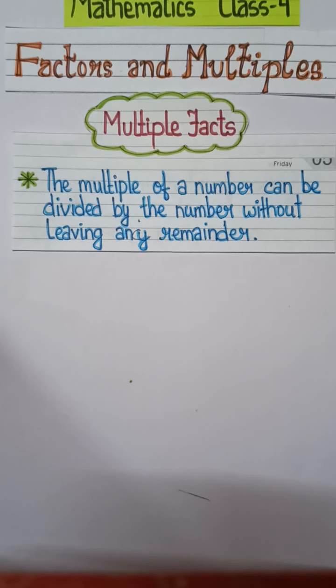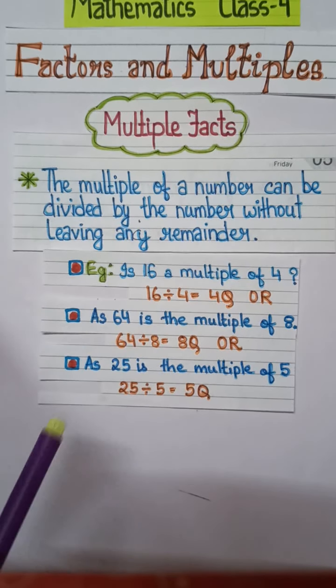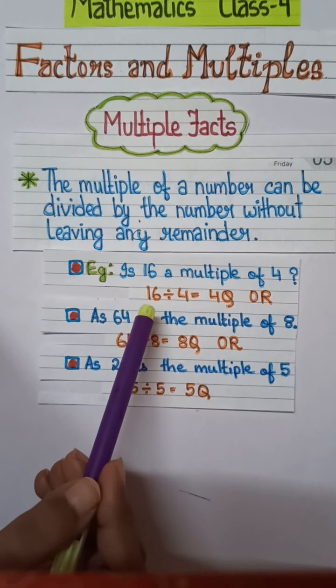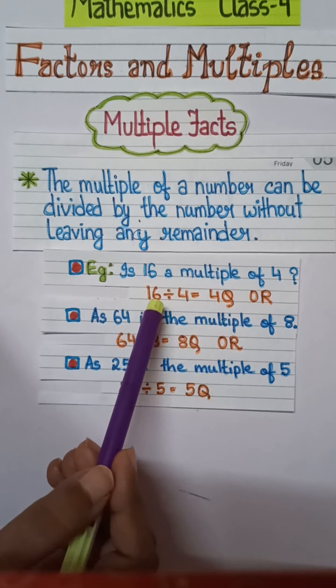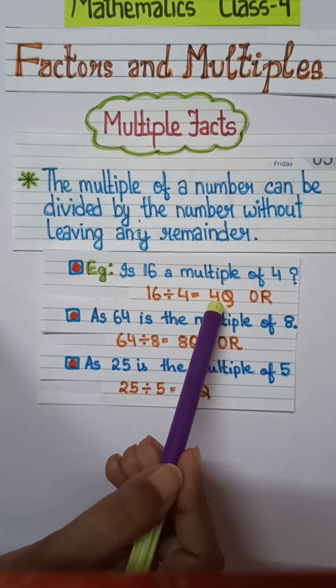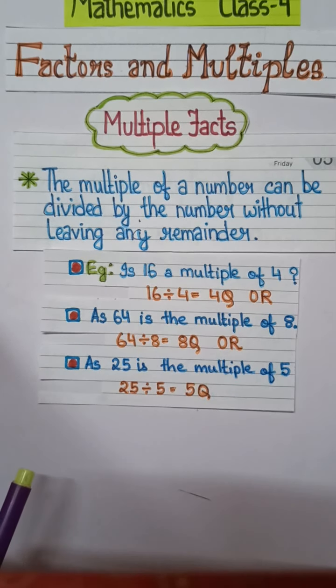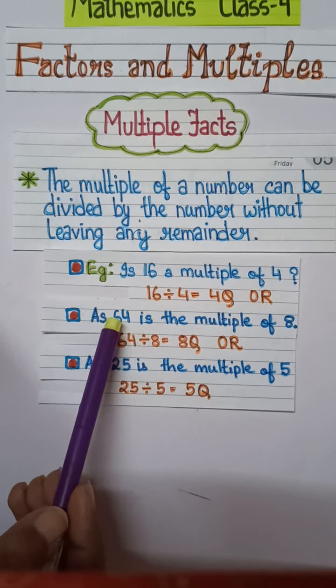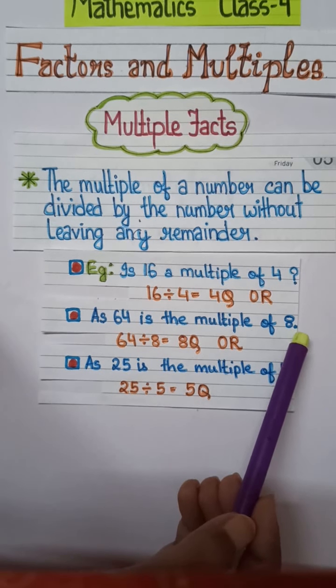Let me show you an example. Is 16 a multiple of 4? To know, we divide 16 by 4. We get the quotient 4 and 0 remainder. Then next we see 64 is a multiple of 8.